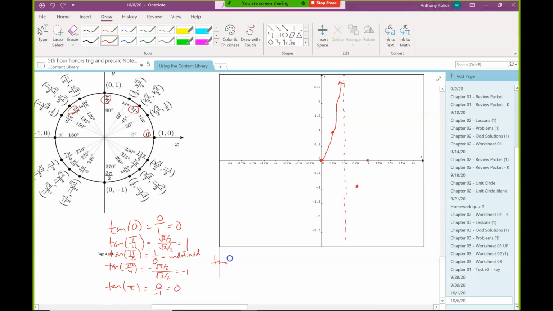And then if we do tangent of 5 pi over 4, that's going to give me negative root 2 over 2 over negative root 2 over 2, which is positive 1. And if we do tangent of 3 pi over 2, that's going to give me negative 1 over 0, so I have another asymptote.